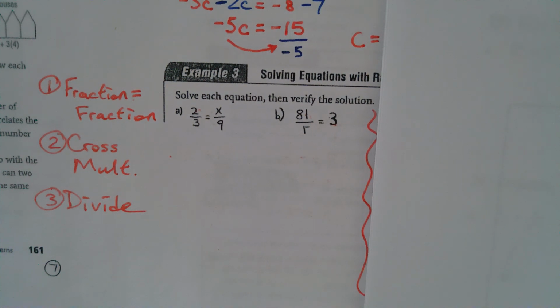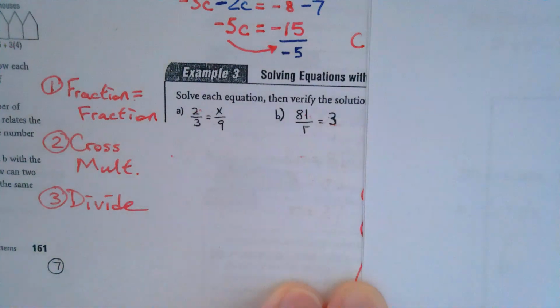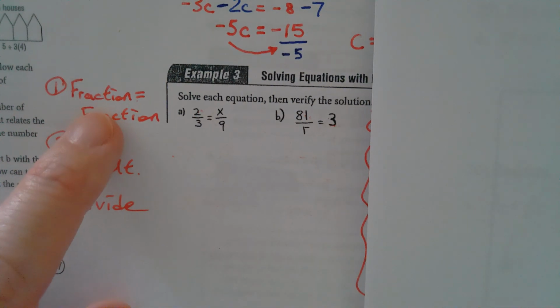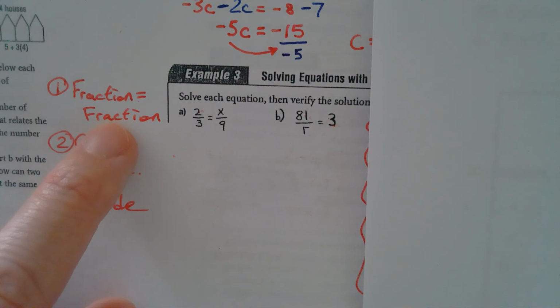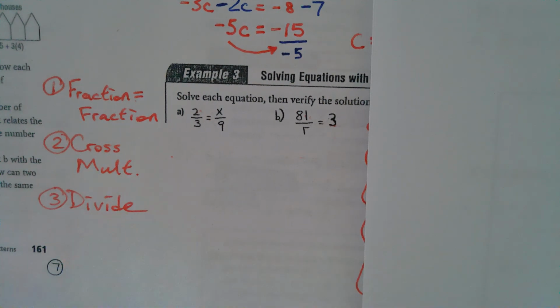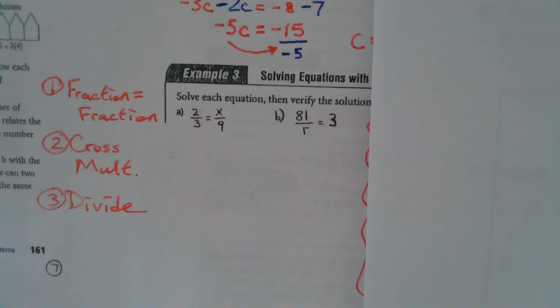Okay, there is a simple way to get rid of fractions. There are 2 different methods. This first method right here is when you have fraction equals fraction. So when you see a fraction equals a fraction, what you want to do is just cross multiply and then divide. Okay.